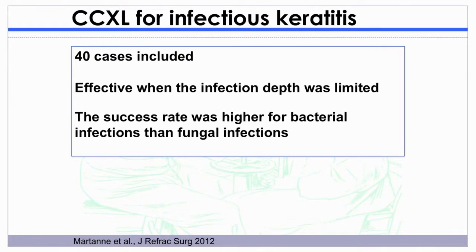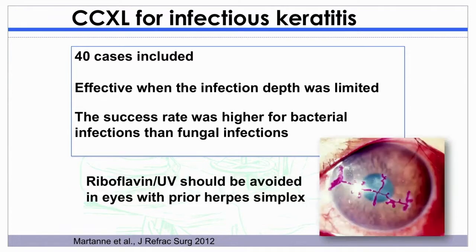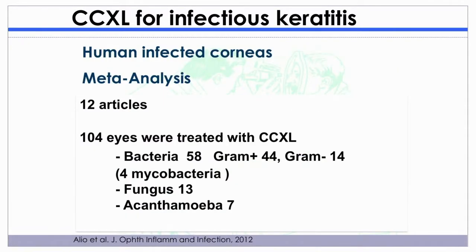There's another study that involved 40 cases of corneal infection, and they noticed that the success rate was higher for bacterial infection than for fungal infection, and that it should be avoided in eyes with a history of previous herpes infection. It is not a good option or alternative for herpes infection.